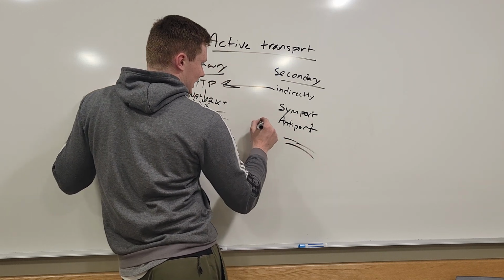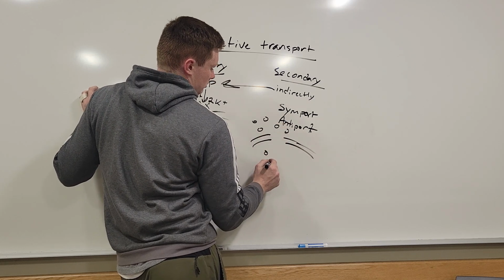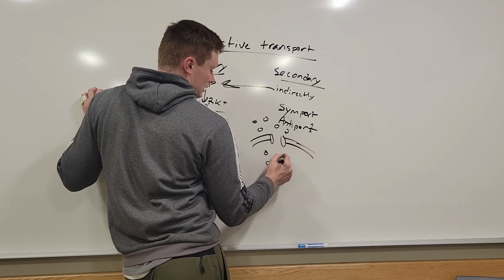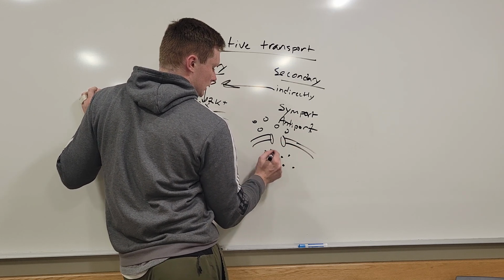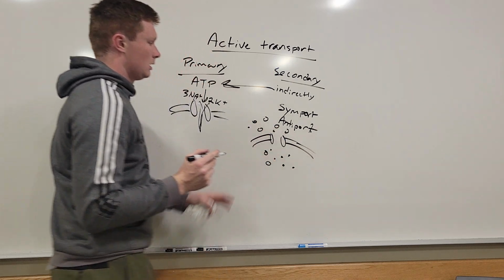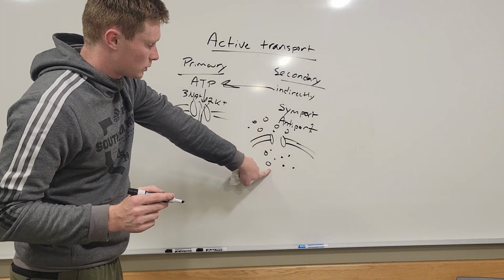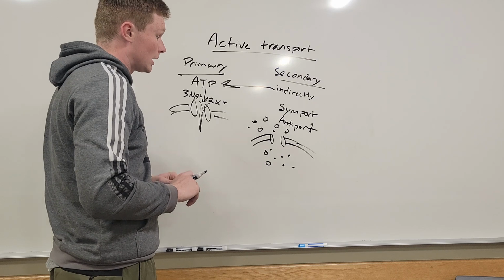So we have a high concentration of these circles, low concentration over here. We have our little thing. It only lets these go through, and then we're having this. We're going to have a high concentration of these in here and a low out here. Okay, right? So with secondary, one goes against the gradient, one goes with the gradient.